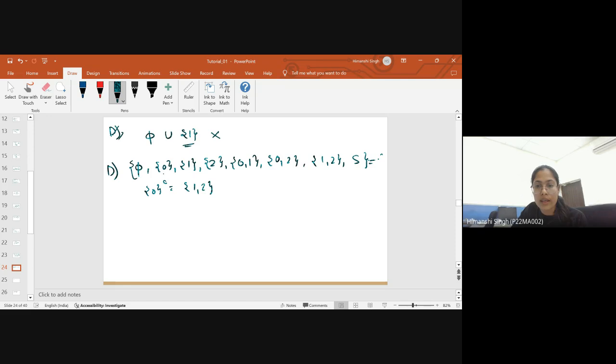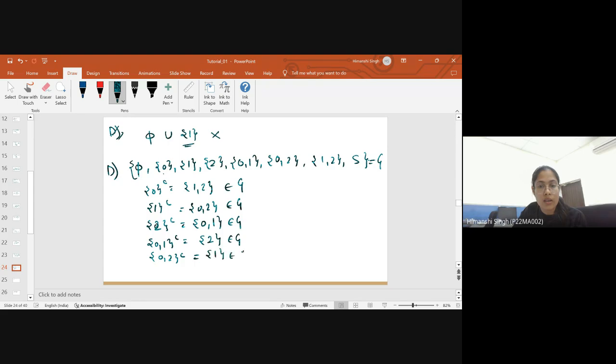I may name it G. 1 complement is 0 comma 2, again in G. 2 complement is 0 comma 1, again in G. 0 comma 1 complement is singleton 2, 0 comma 2 complement is singleton 1, and 1 comma 2 complement is 0, all again in G. And S complement is phi, which is again in G.